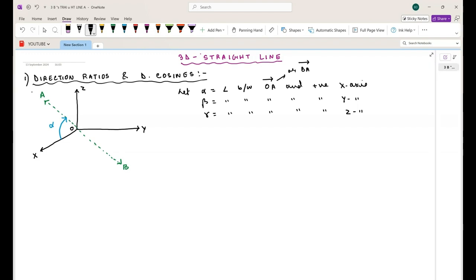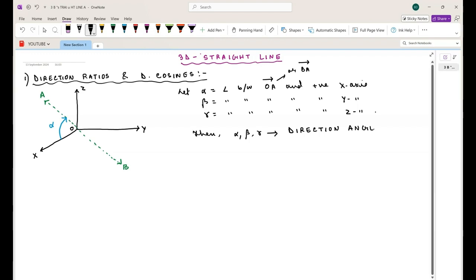Now, if we take these three angles, alpha, beta, gamma, like this, then these are called direction angles of BA or OA.